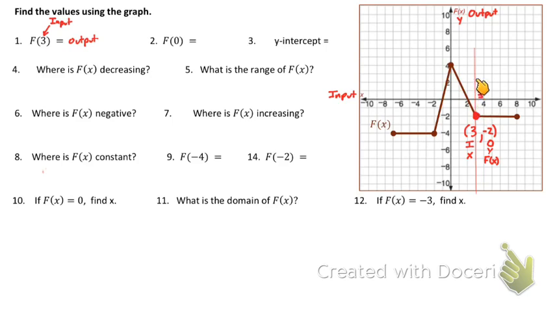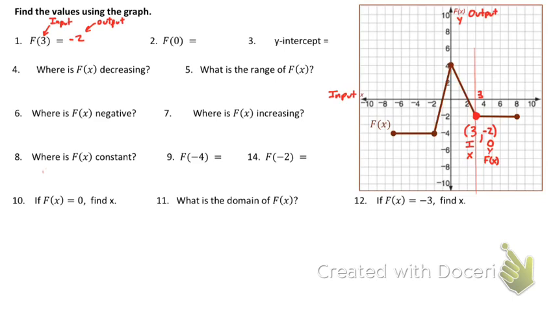So if my input is 3, what is my output? And we actually figured that out already. My output is going to be -2. My input's 3, my output's -2. So that means my output here is -2. Okay, it's all about input, output. If you learn to read it that way, it makes it a lot easier.